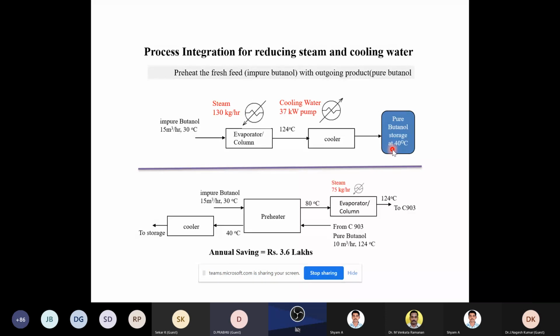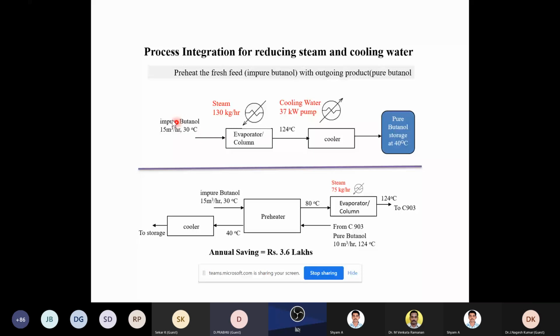Here you have impure butanol coming, and pure butanol at 124 degrees, which is to be cooled to 40 degrees. Now what we're going to do is take this 124 line and put a heat exchanger and preheat this impure butanol which is coming.